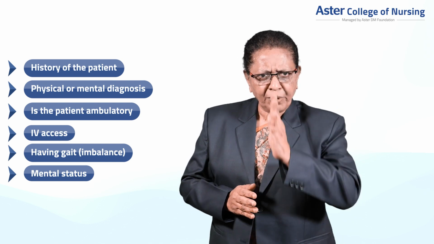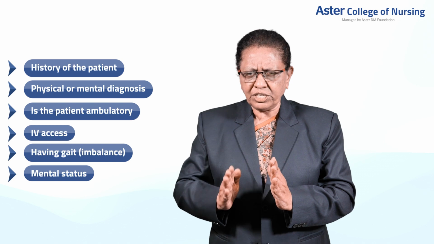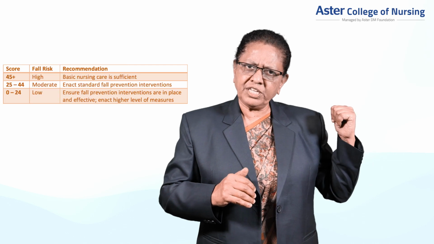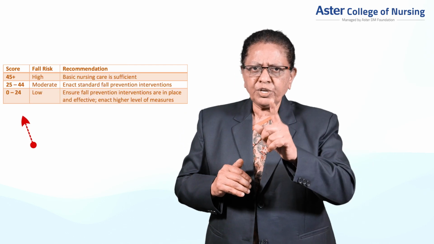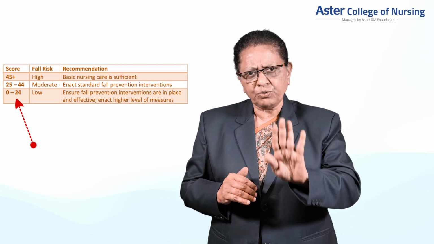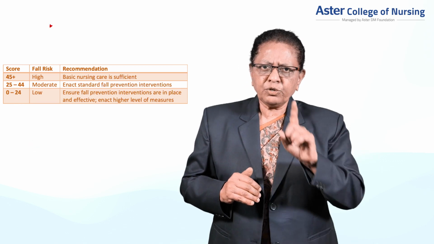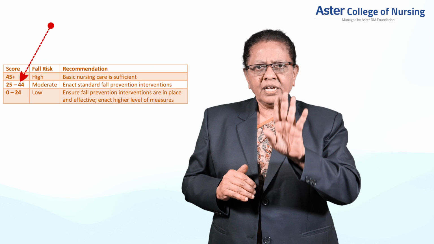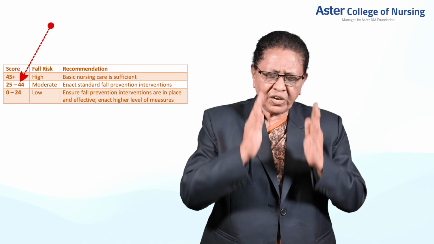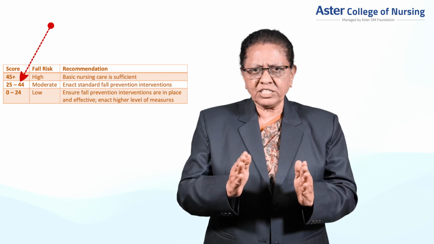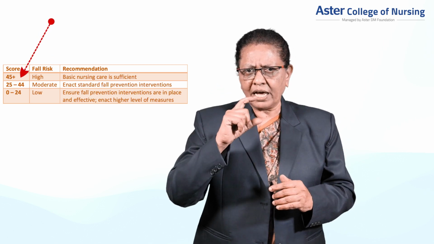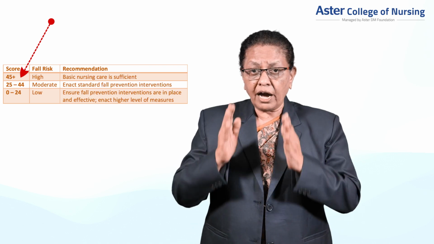When I put my patient observation compared to this and come to a conclusion of calculating the number, I have the final, which you will see on the screen: 0 to 24 is a very mild risk, where you come to a conclusion how to take care of your patient. 24 to 45 is a moderate level, where this much chance my patient will have of a fall when he is with me in the hospital. 45 and above, if I come to that conclusion of that number, he has a high risk of fall.